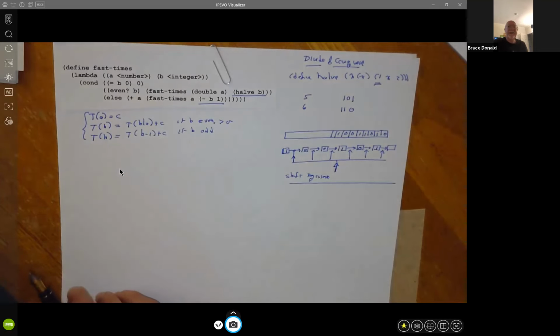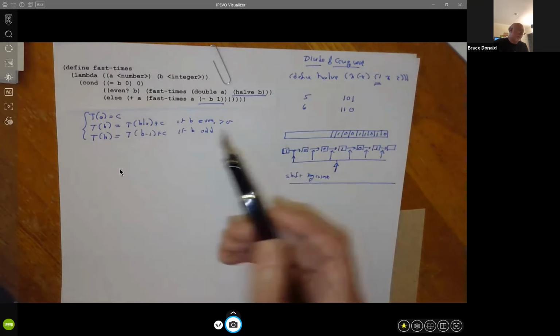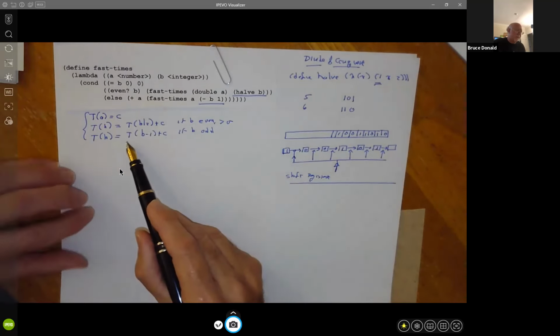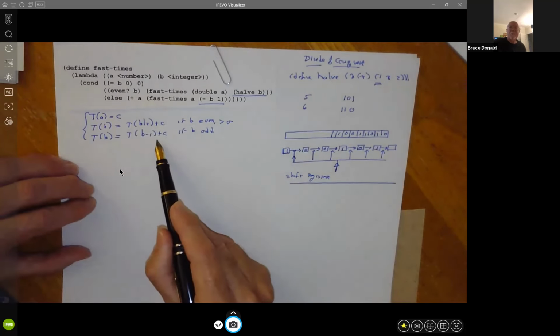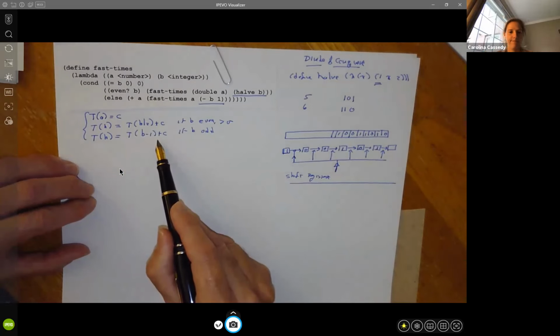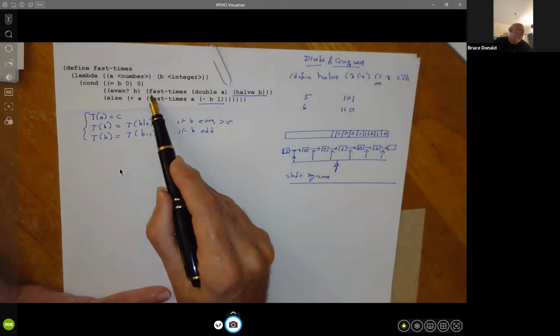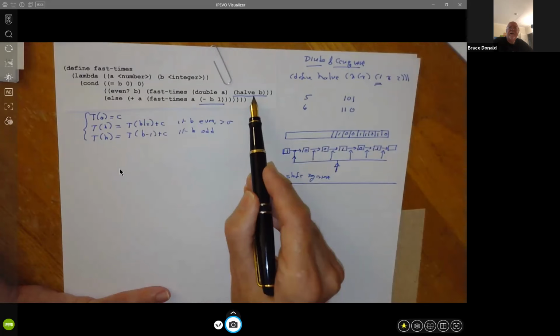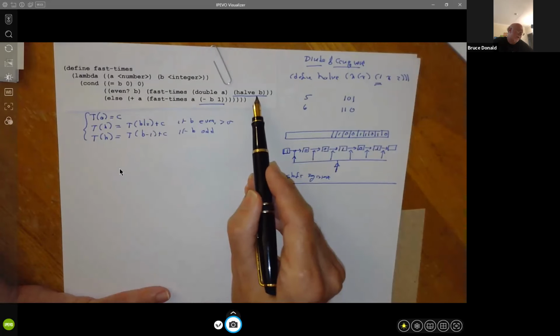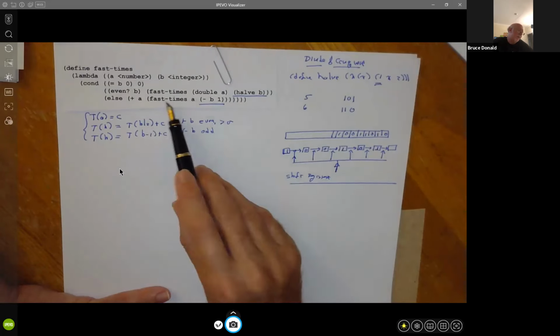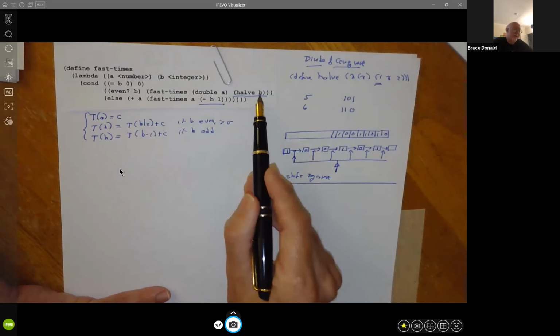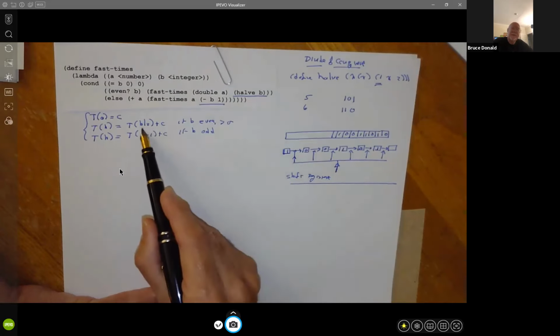So let's look at the odd case first. In the odd case, it's just like before. I call myself recursively on something that is only 1 less. Does that make sense? Yep. Okay, now let's look at the even case. Here's the even case here. What I do is I double A and I halve B, but B is my measure of complexity. And so when I call fast times recursively on this input, the input is now half the size.